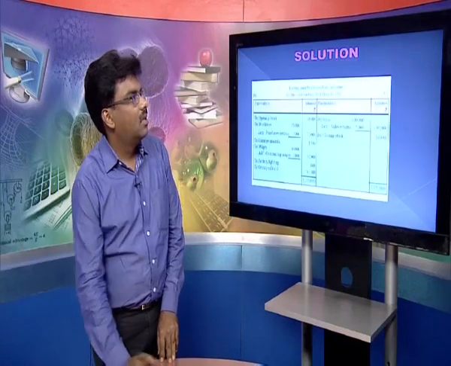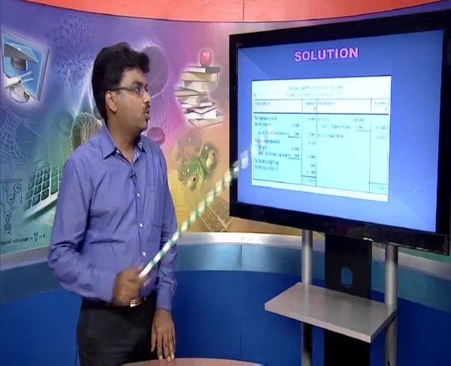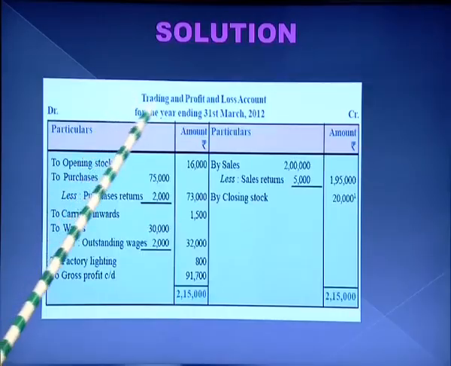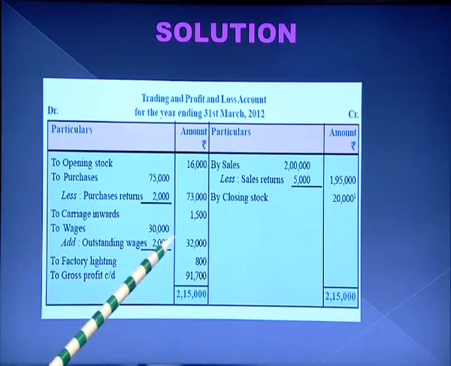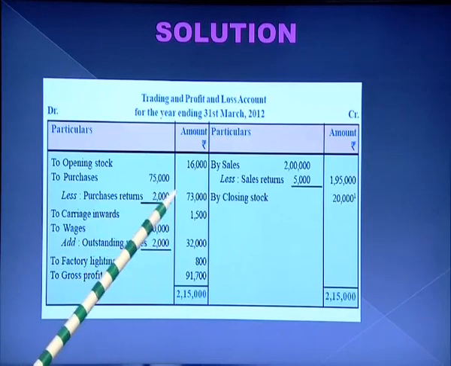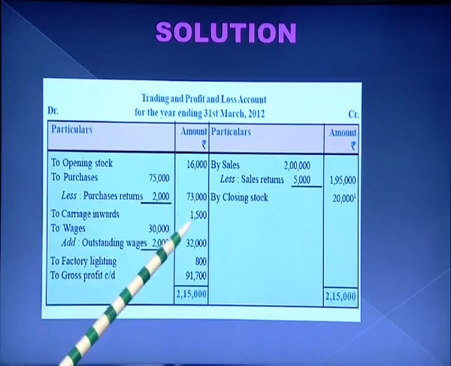So, dear learners, after that you will see the solution of this. First we will prepare the trading and profit and loss account. It will start from the trading account. So, first we will prepare the trading account, and after that we will prepare the profit and loss account, and our last is the balance sheet.